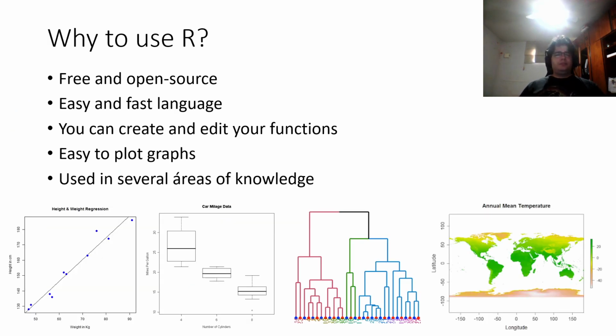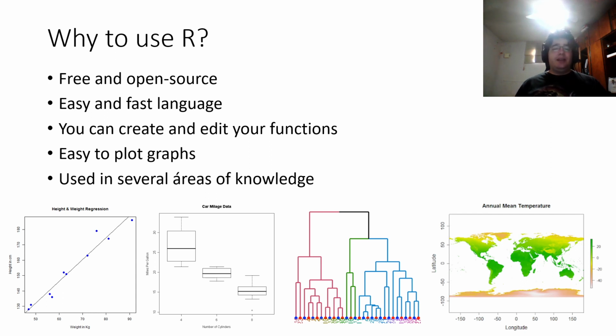Okay, but why use R? Can't we use, for example, the Python environment? Yes, we can, but R is free and open source. Python is free and open source too. R is an easy and fast language. Python is too.